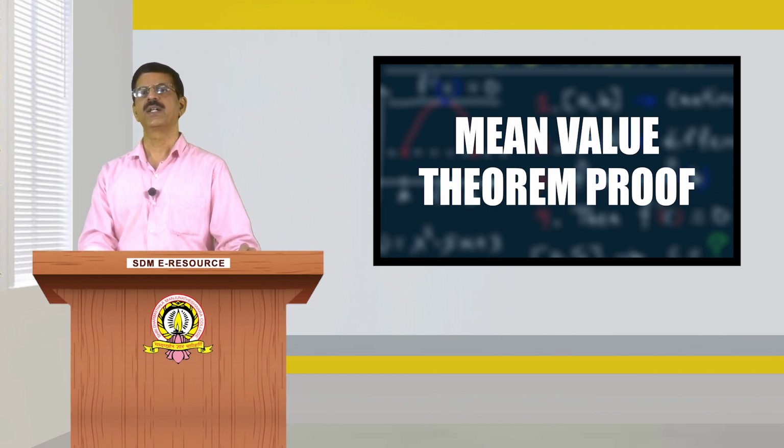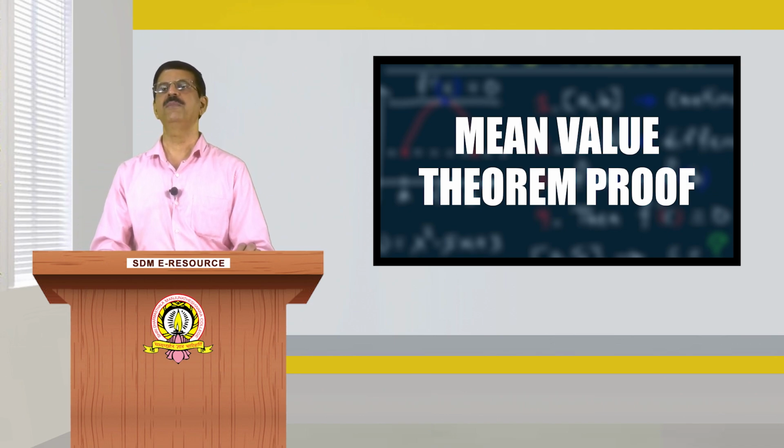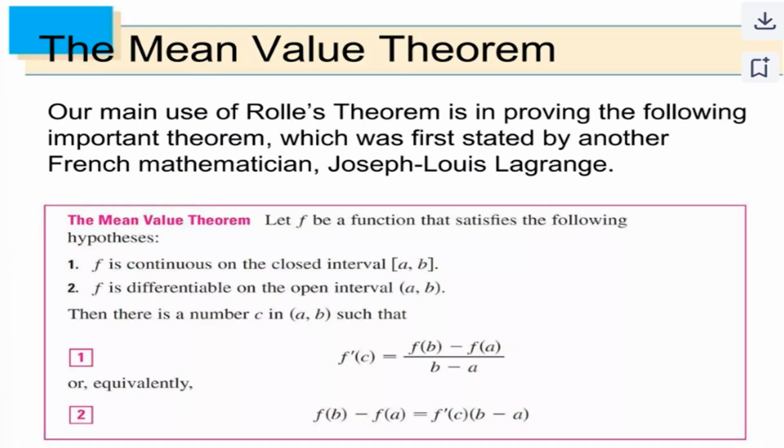Now, we will discuss the mean value theorem, which was first proved by the French mathematician Joseph Louis Lagrange. Therefore, this is also called Lagrange's mean value theorem.